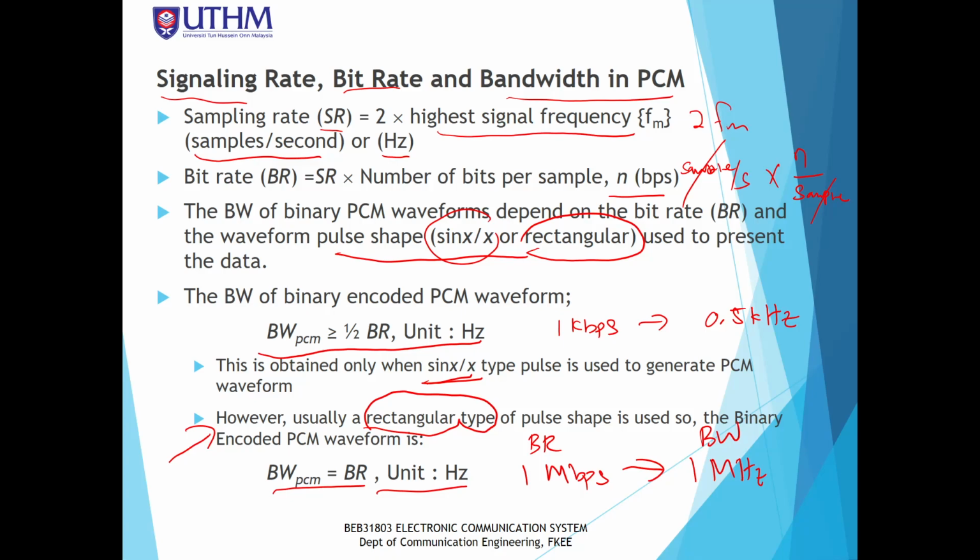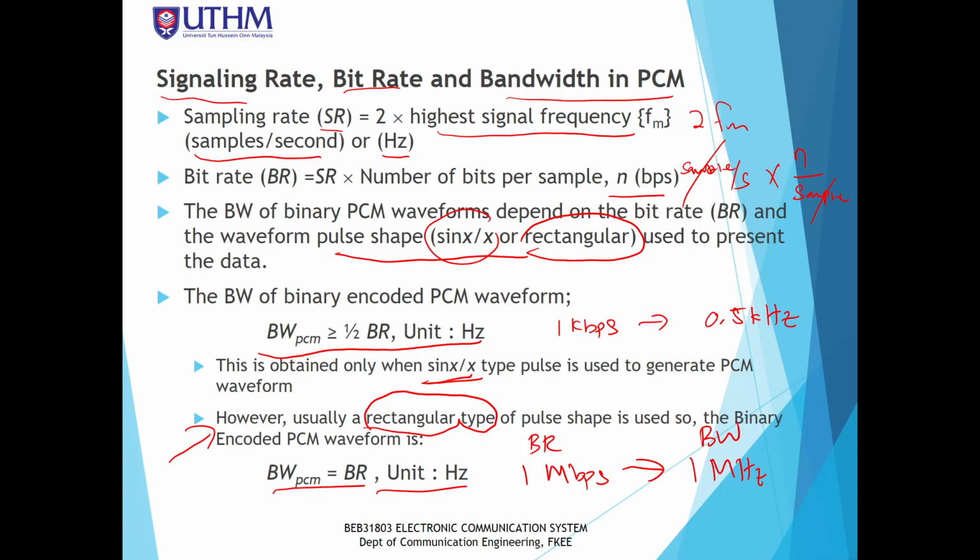In PCM, we have three main parameters: the signaling rate, or what we call the sampling rate, the bit rate, and the bandwidth of the PCM. The sampling rate, SR, is equal to 2 times the highest signal frequency, fM.